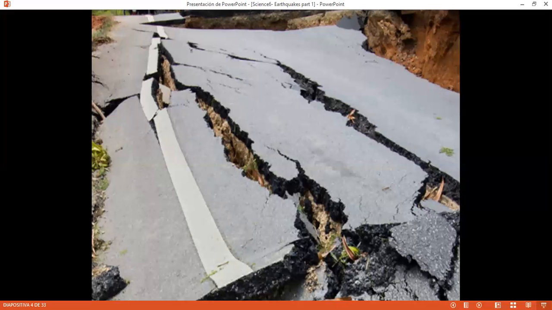So this is what happens when the fault releases its energy. Everything that is above is shaken, and if it's made out of a rigid material, of course, it will break. It can have little ruptures or it can become huge damage.